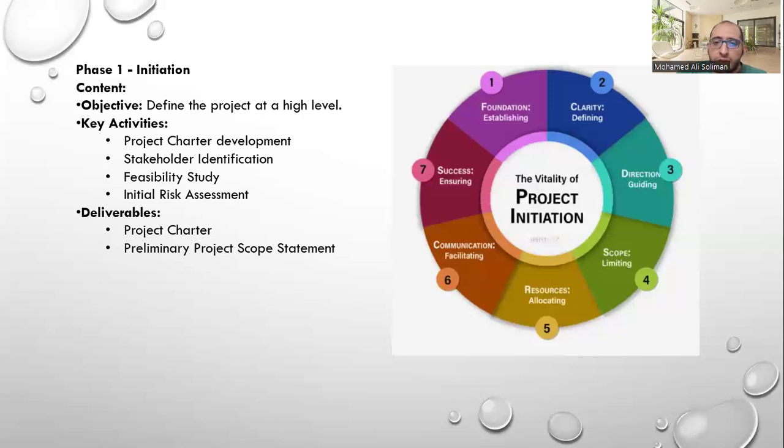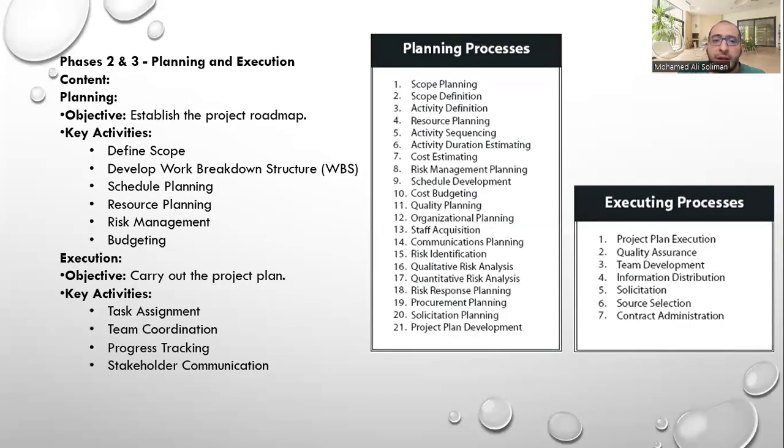Moving forward after initiation, as we talked earlier, planning and execution. So from planning, we expect to establish the roadmap for the project, including defining scope, what is to be done, as we mentioned earlier, developing the work breakdown structure.